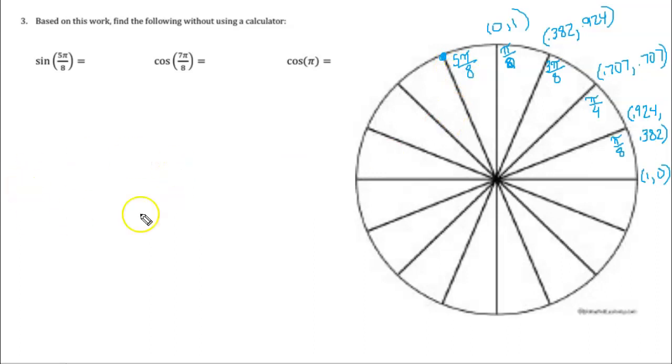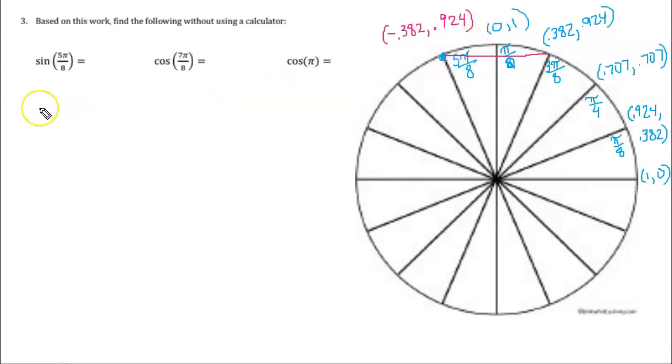Think about all the symmetry that we've been using for the circle. We knew in the Ferris wheels that these two were the same height above the midline, and so they're symmetrical across the y-axis. So if this point is positive 0.382, positive 0.924, this one is going to have a point of negative 0.382, positive 0.924.